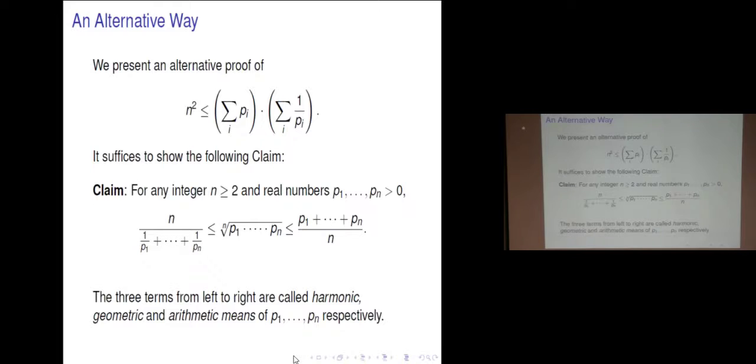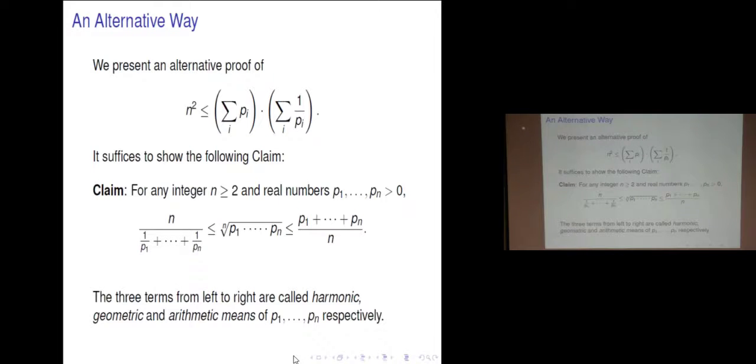Now to show this, I introduce something in the middle. The something in the middle is the nth root of the product. People give names to these things. This is called the harmonic mean of the pi's. The thing in the middle is called the geometric mean.